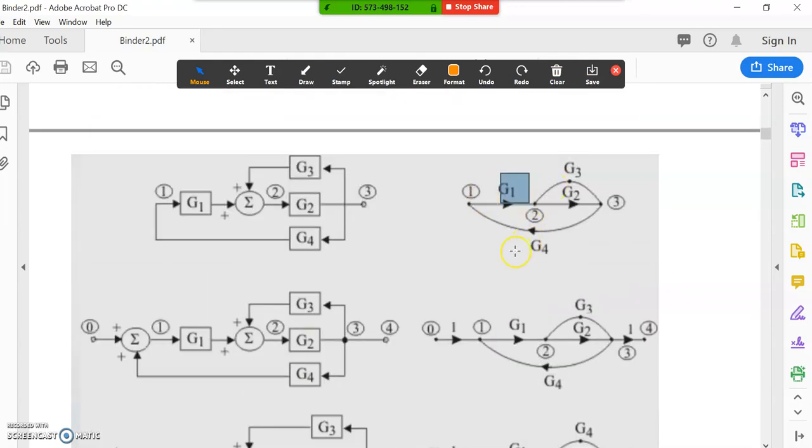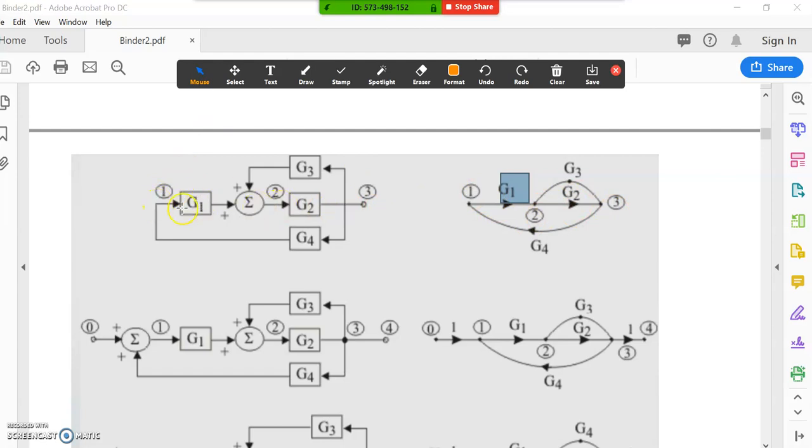Now, coming to this block diagram, it can be represented using this signal flow graph. We know there are node 1, 2 and node 3. Write 1, 2 and 3 here.